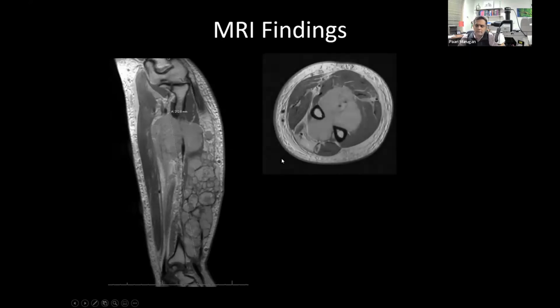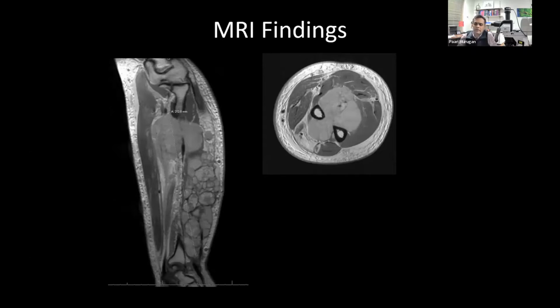We can see this better in an axial view, where you can again see the more proximal aspect of the soft tissue mass. It's fairly homogeneous in this region, and it's clearly deeply located, and it is extending in between the ulna and the radius and going over to the volar aspect.